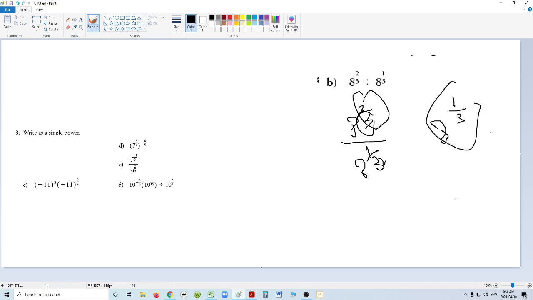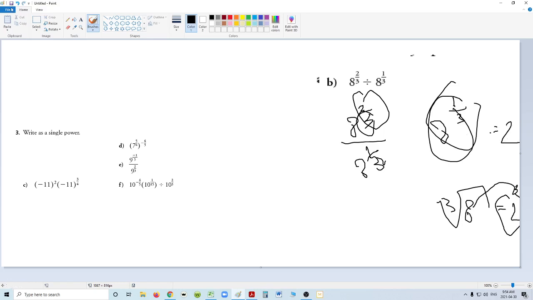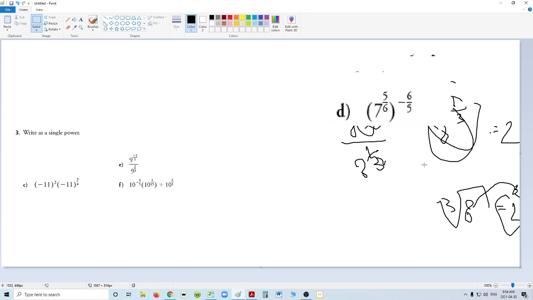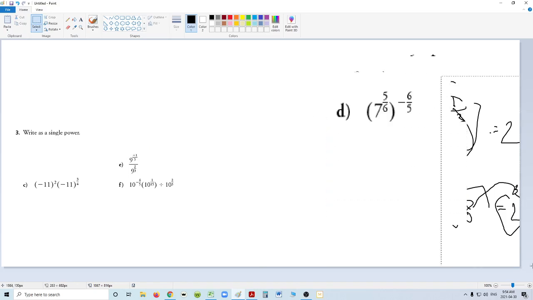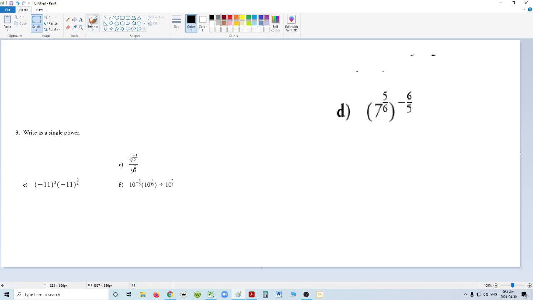I'm going to leave it like that, but it's also written as the cube root of 8, which is 2, since 2 to the cube is equal to 8. So 8 to the 1/3 is equal to 2. I guess they just say write to a single power, but if I can solve them, I'm going to solve them. Really, you'd be getting full marks by writing to the single power.